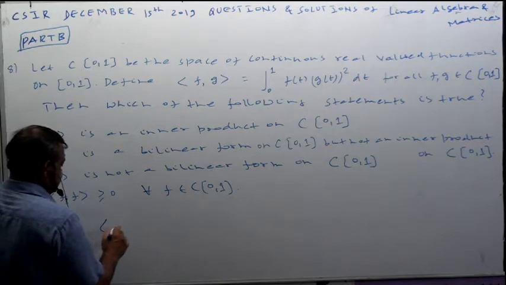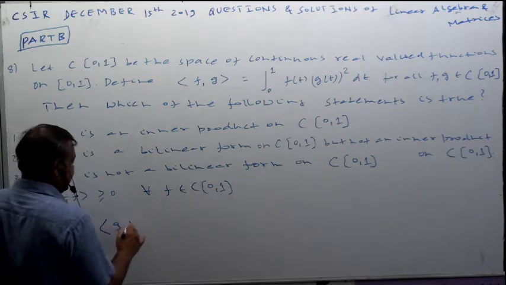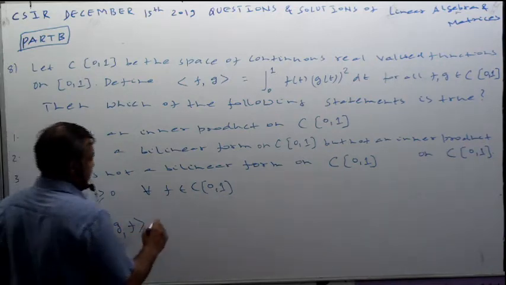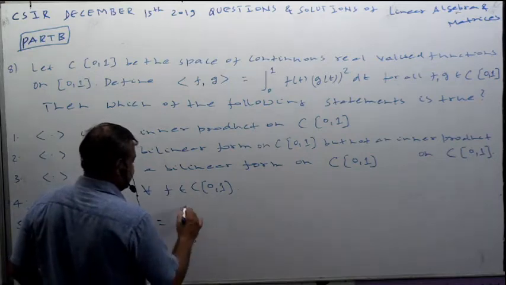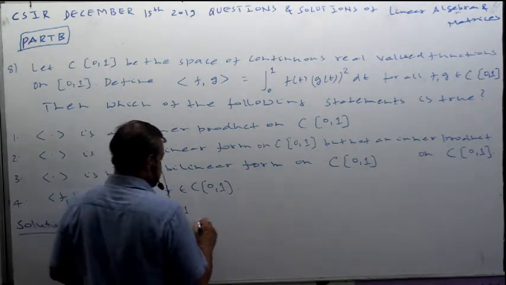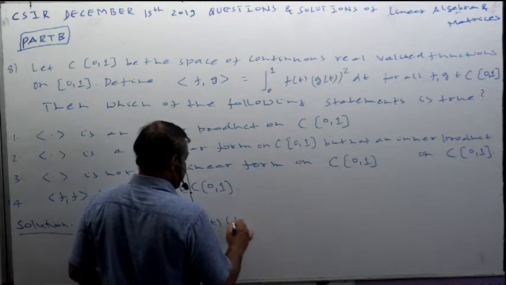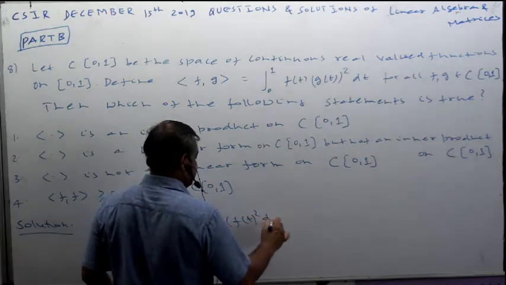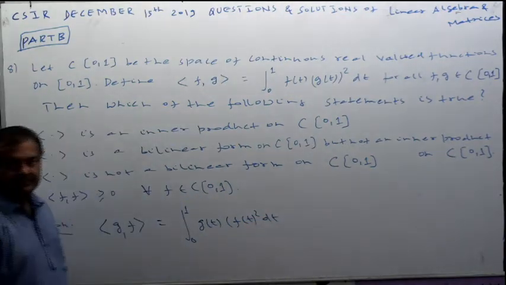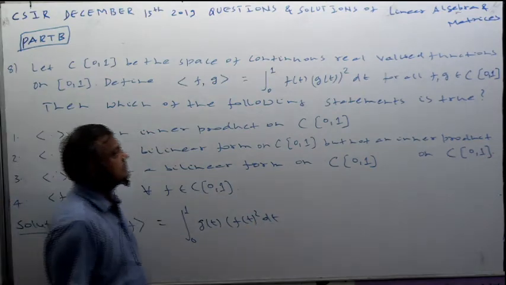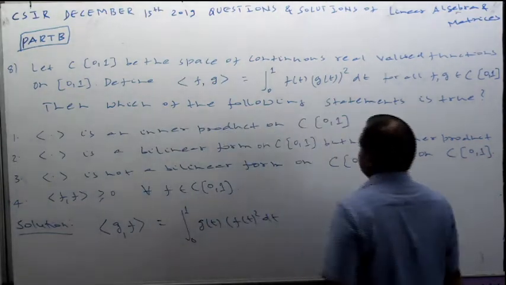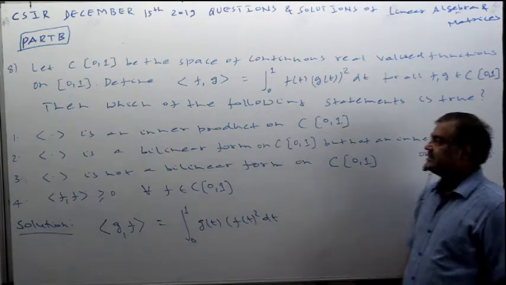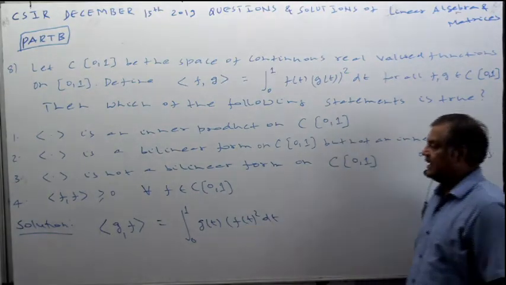By the definition, inner product of g, f is equal to integral 0 to 1 g(t) into f(t) whole square dt. Fine. Because g(t) will come first and the second one will have its square.